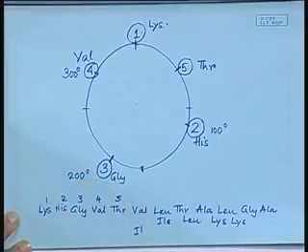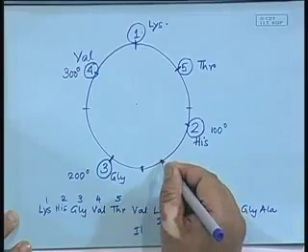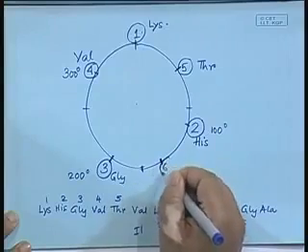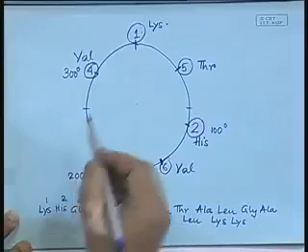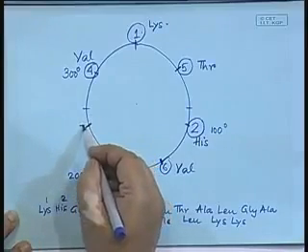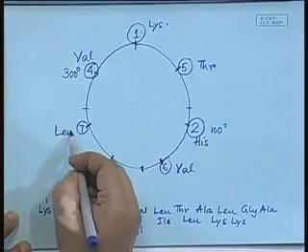So, what can you do? You can construct the helical wheel. Where is residue number 6 going to be? Somewhere here. So, this is going to be valine. Residue number 7 is going to be somewhere here. That is going to be leucine.